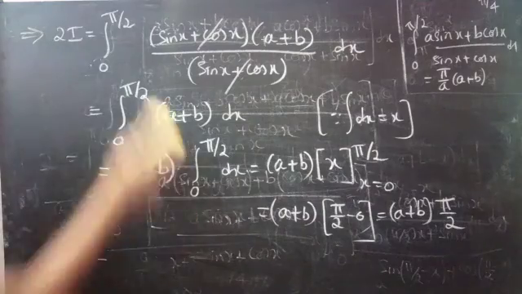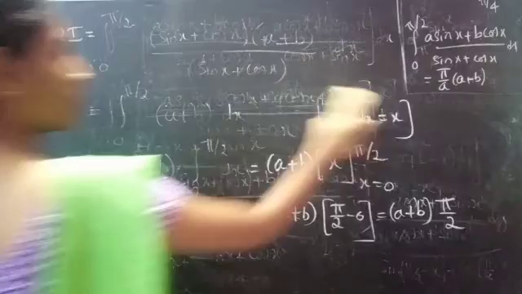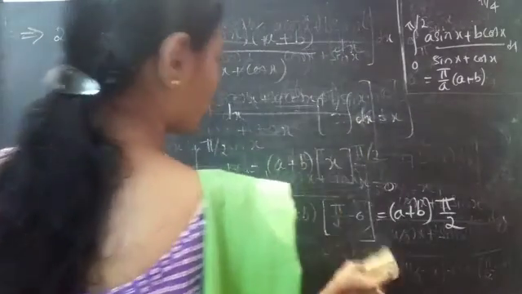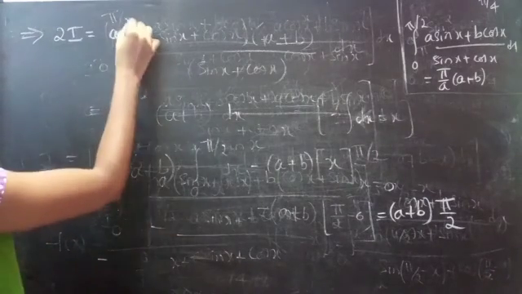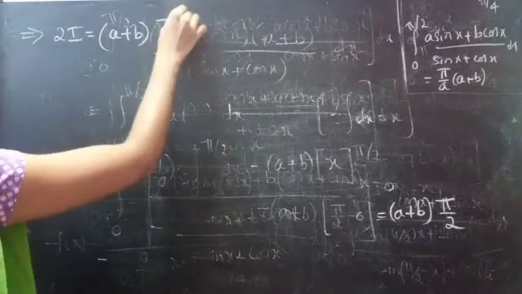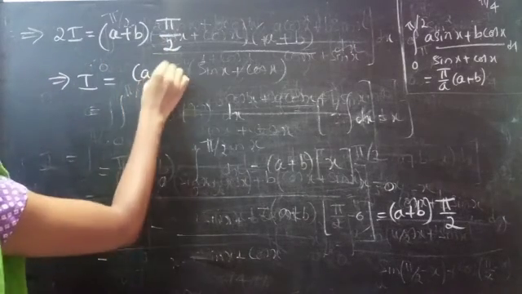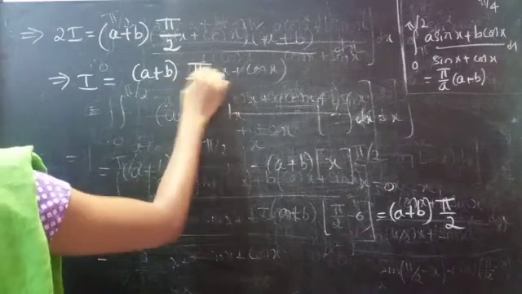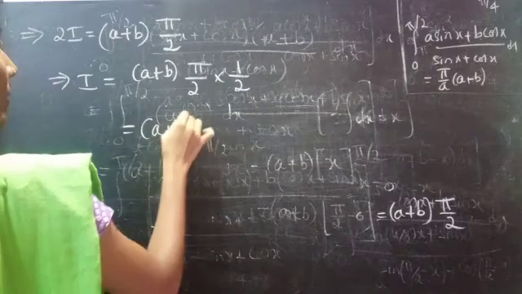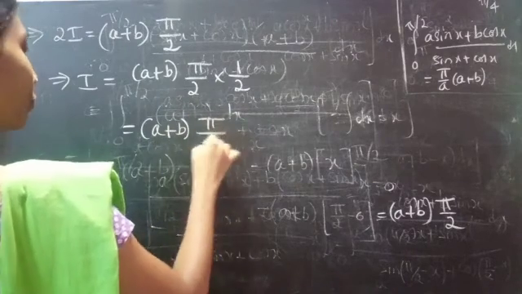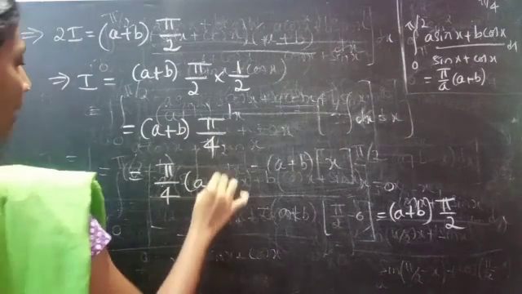Okay. So 2I equals a plus b into pi by 2. This implies I equals a plus b into pi by 2 into 1 by 2, which equals a plus b into pi by 4, or pi by 4 into a plus b.